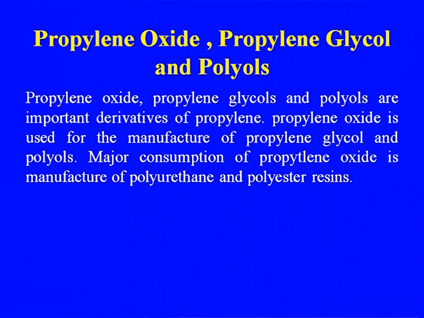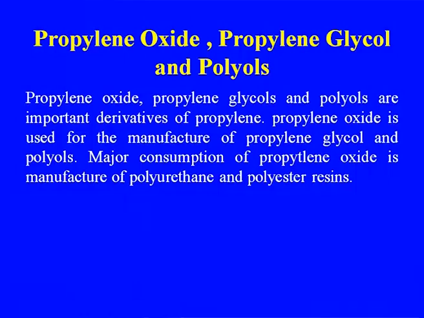Propylene oxide is used for the manufacture of propylene glycol and polyols, because the starting material is the same. The process we use from propylene to propylene oxide is just similar to the ethylene oxide process. The major consumption of propylene oxide is in the manufacture of polyurethane and polyester resin.